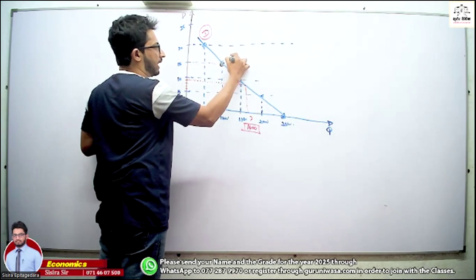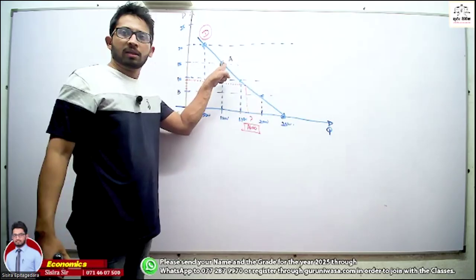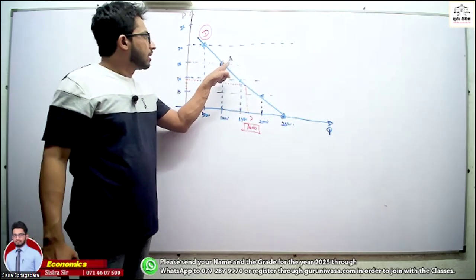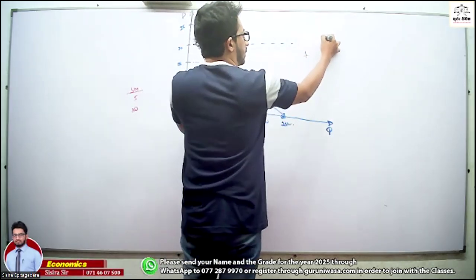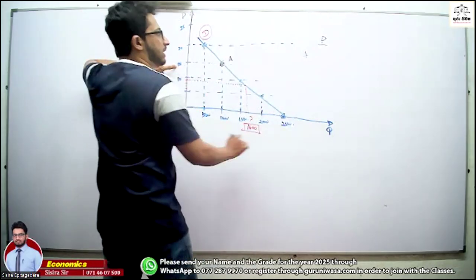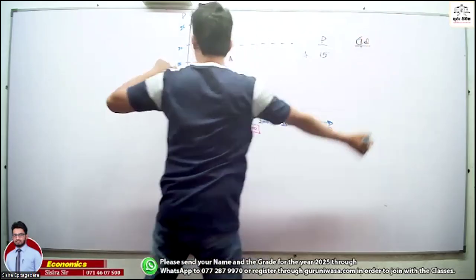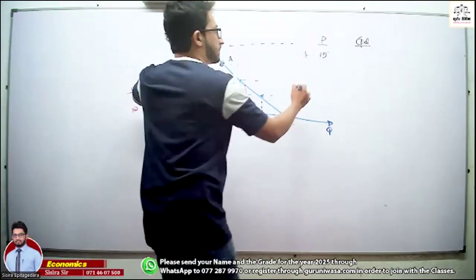This is point A. It's one of the points on the demand curve. At point A, price is how much? $15. Quantity demanded, Dinal: when price is 15, quantity demanded is 1,000 units.